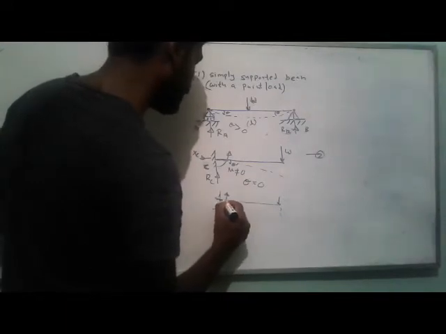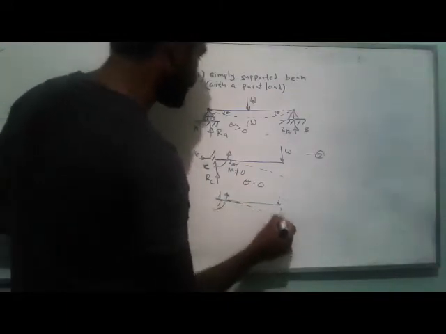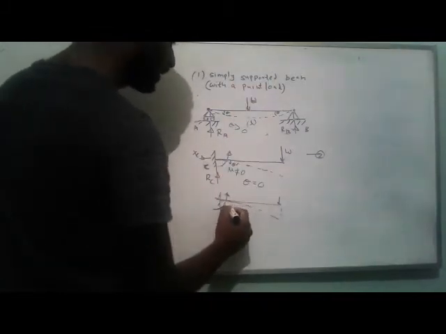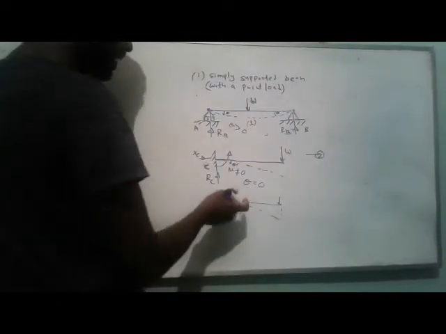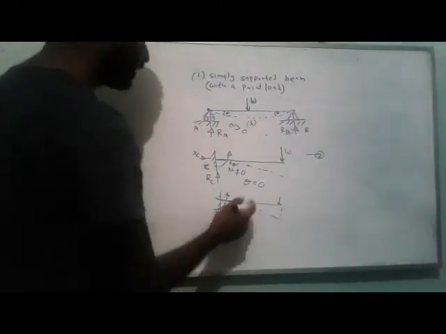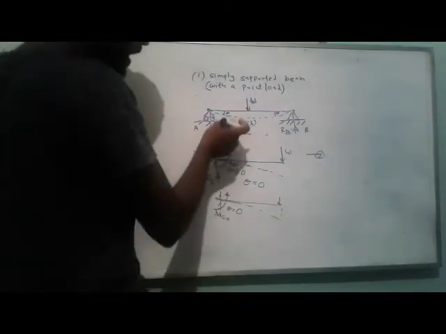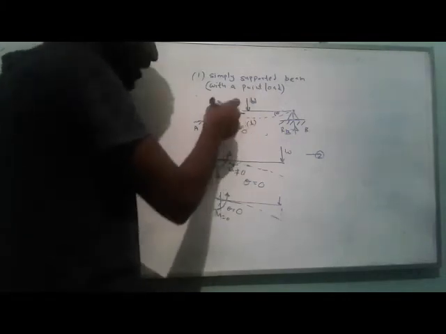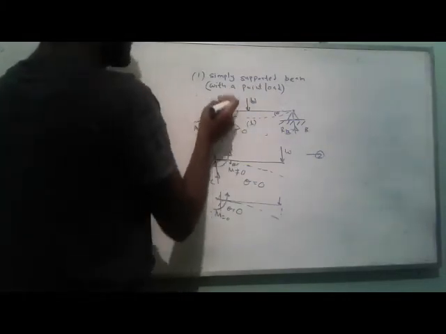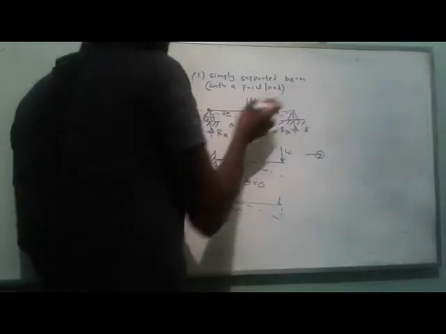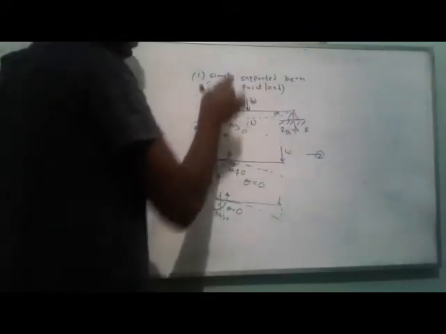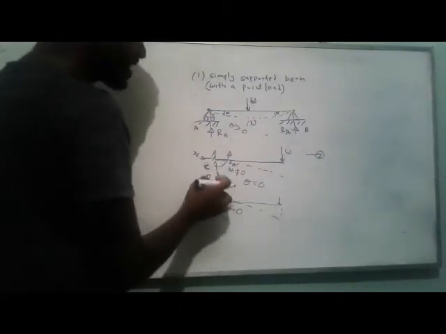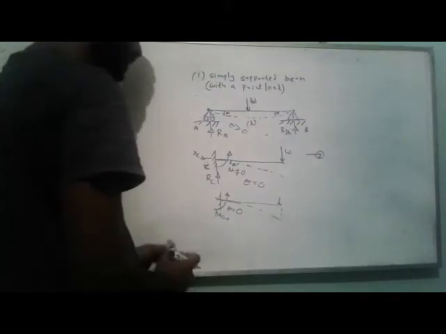This angle is 0, and it tends to bend in this shape. Therefore, this theta is equal to 0. Therefore, there is a movement here. Because this theta is 0, while here theta is not equal to 0, there will not be any movement here. It is free to rotate here with this load. Here, it is not free to rotate with this load due to the fixed end. Therefore, there will be a movement here.